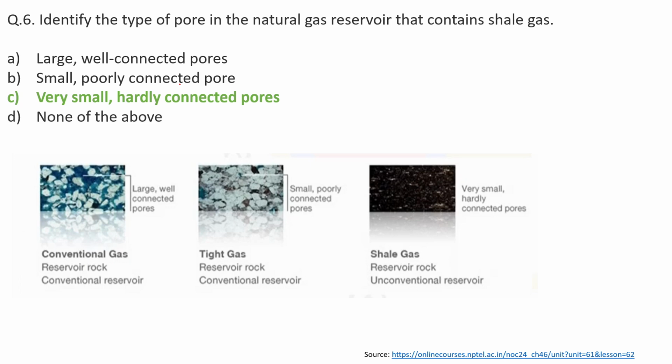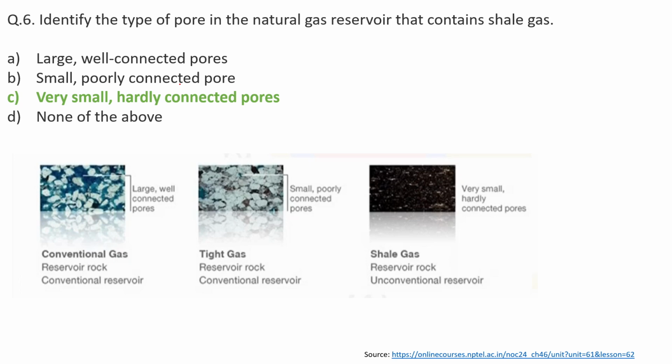So there are different types of gases, such as conventional, tight gas, and shale gas. They have discussed what type of pores are there in which these kinds of gases are found. For conventional gas, large and well-connected pores are identified.